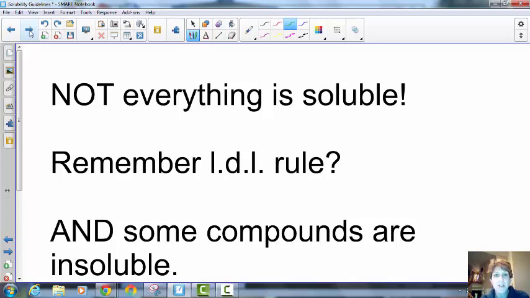They are miscible, which means they will be able to dissolve. If you have something that is ionic in a polar solvent, it also has charges, so it will be able to dissolve. But if you take something that's nonpolar, it is not going to be very soluble in a polar solvent. So you can only mix nonpolar with nonpolar to have it dissolve. That's the like dissolves like rule.